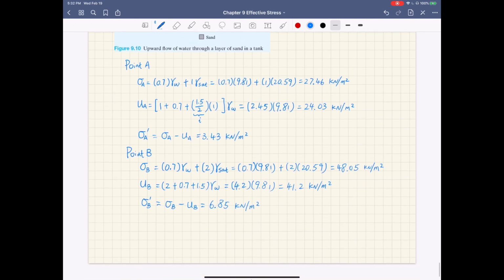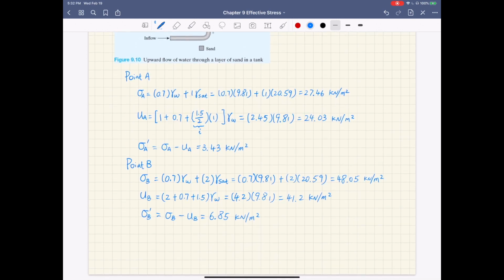And for the seepage force per unit volume, by definition, this is the hydraulic gradient I times unit weight of water. And the hydraulic gradient I is the total head loss, 1.5, divided by the total depth of the soil layer, 2.